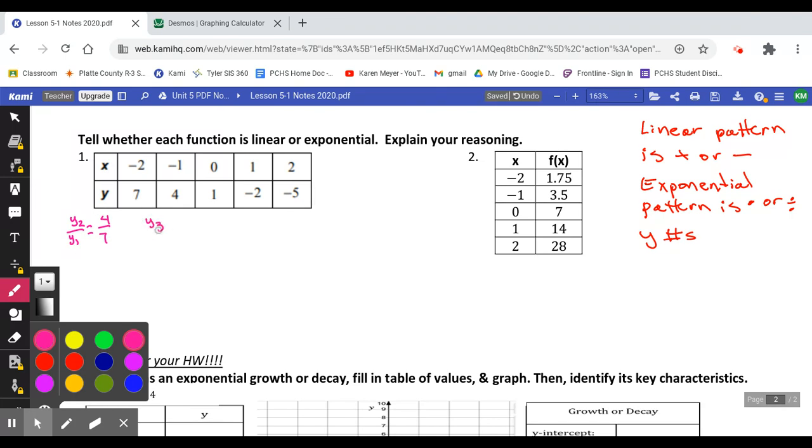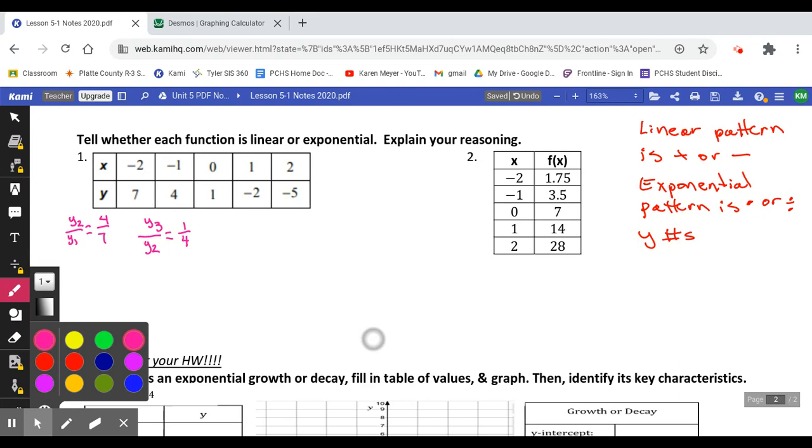And then y3 over y2. So it's always the next y over the previous y. Well, that would be 1 over 4. And then I would say, oh, stop. 4 over 7 is not the same as 1 over 4. So it can't be exponential because my ratio would have to be the same all the way through.